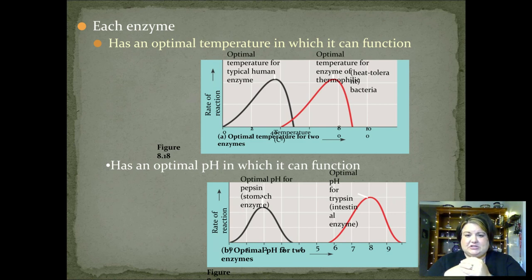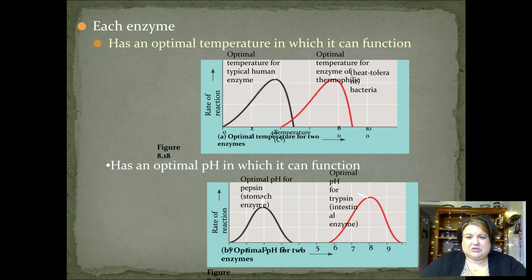The kinetic energy is increasing, but at some point it gets too hot, which you're going to see here. The enzyme denatures. That's that word that you should know. And the whole thing just falls apart. So denaturing means the shape changes, which means the active site is not the same shape, which means the substrate can't bind and the enzyme can't catalyze the reaction. You should be familiar with that.